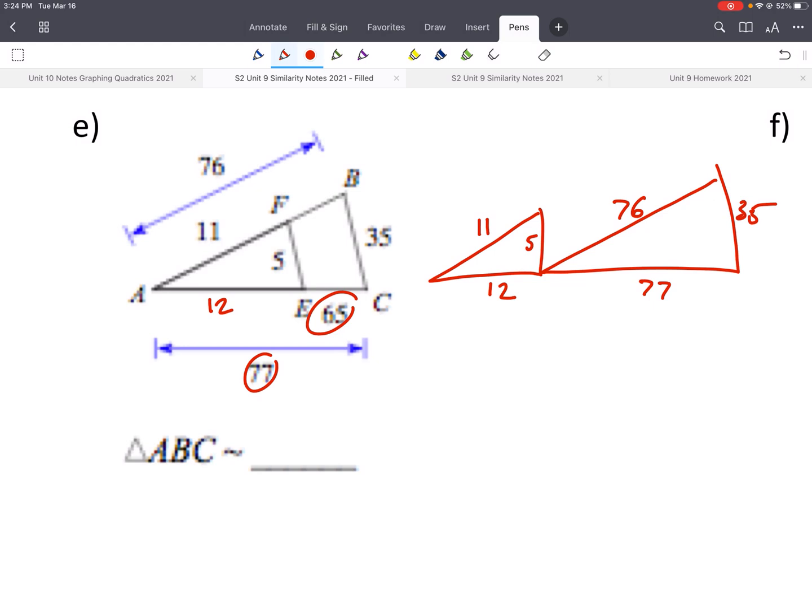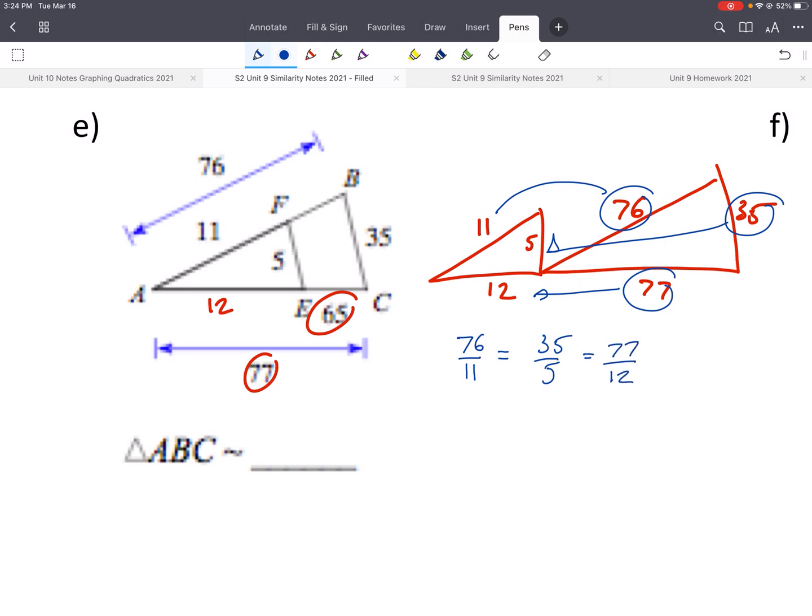So now we need to find the corresponding sides. So this corresponds to this. 76 divided by 11 is equal to 35 divided by 5. And 77 over 12. We get our calculator out. So 76 divided by 11 looks like it gives us 6.9.